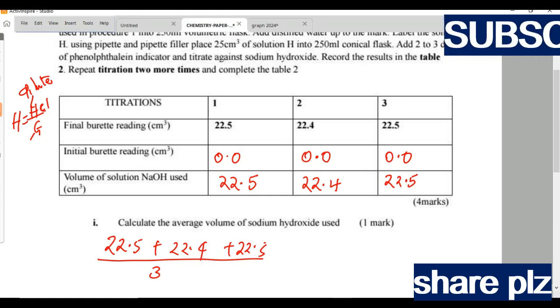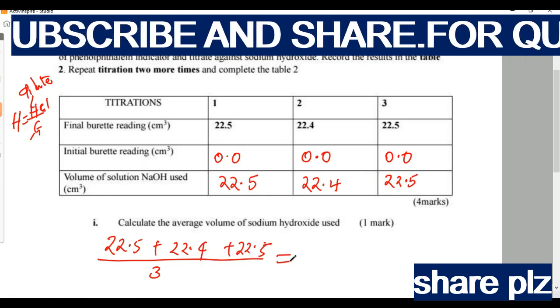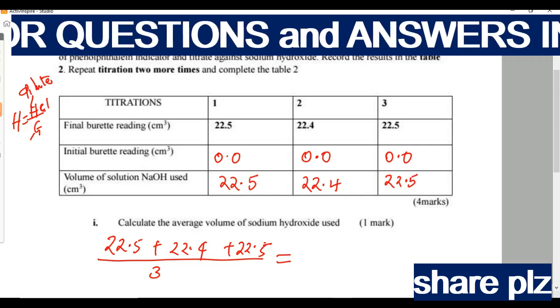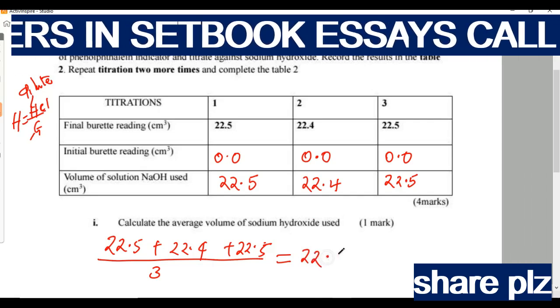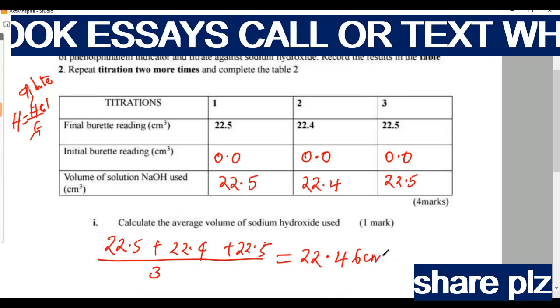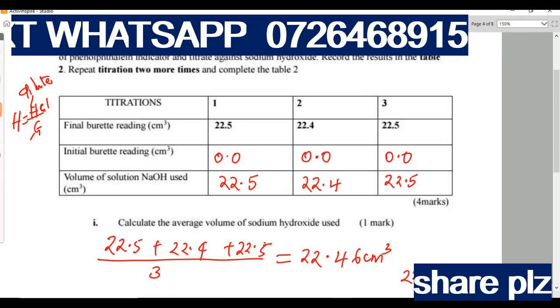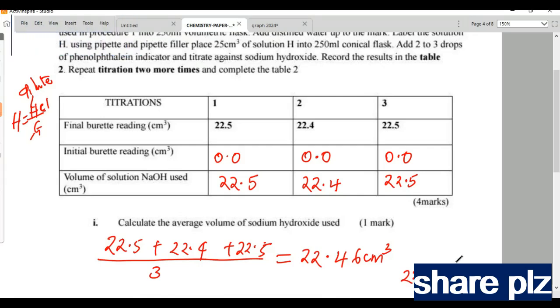Now we can do the average for the three of them. This gives us an average of 22.46 cm³. You realize this was 22.46666. You truncate to 4 significant figures. You don't round off, you just truncate. In chemistry, you truncate.